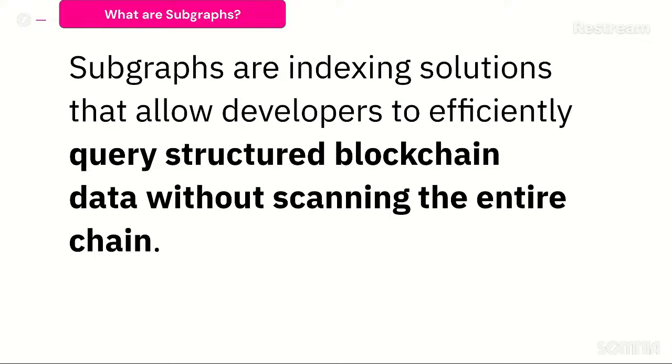And graph services provide subgraphs, which are indexing solutions, allowing developers to query structured blockchain data without the need to scan the entire blockchain. So one would ask, basically, why is this important? What does this mean? And how does this look like?